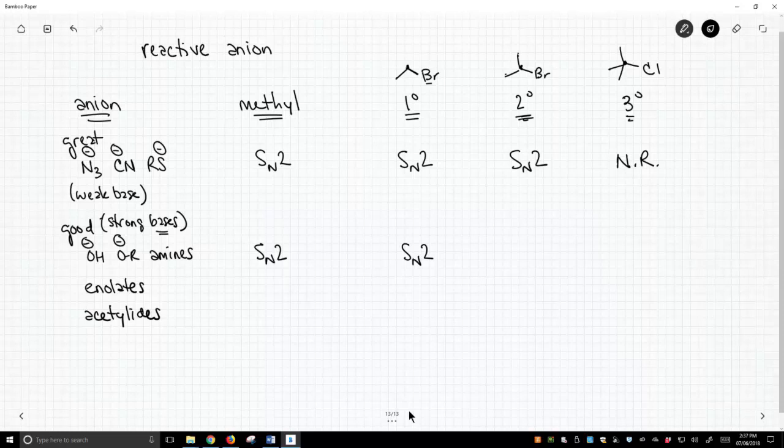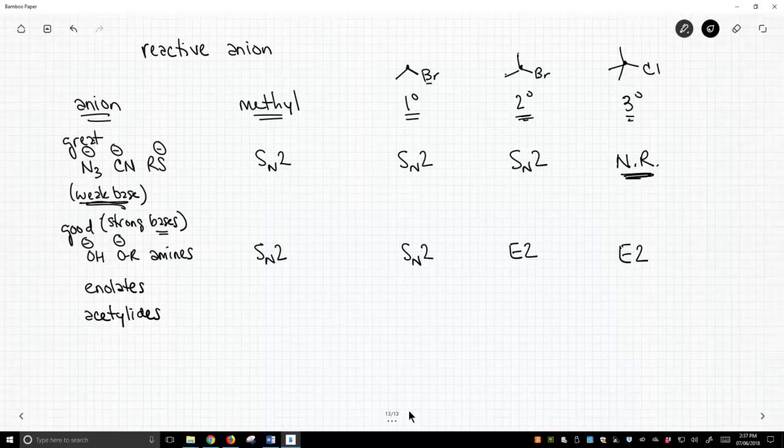I'm not going to attack that thing. I'm just going to pluck off a beta hydrogen. And when you start talking about plucking off beta hydrogens, you are in the realm of the E2 reaction. Tertiary halides, again, whereas the great nucleophiles were weak bases, the merely good nucleophiles are strong bases, and they have the reactivity to do an E2 also on a tertiary halide.